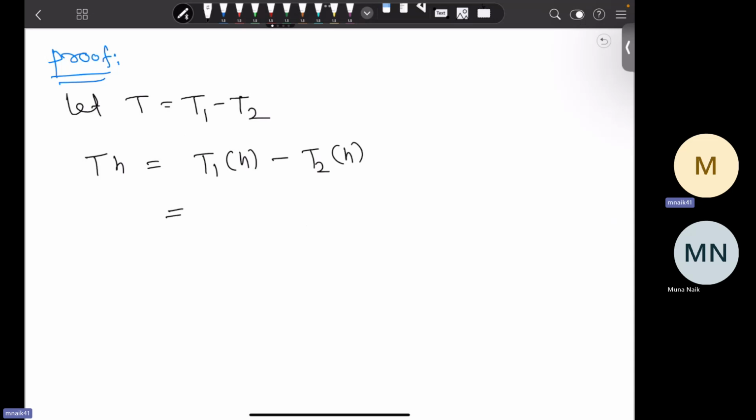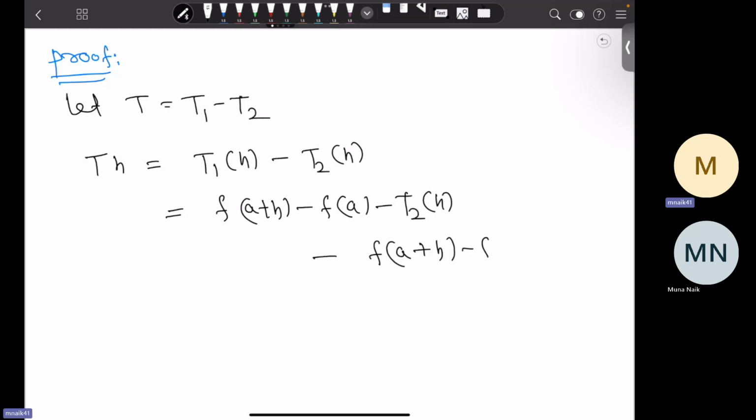I will add something and subtract something. This is f of a plus h minus f of a minus T2 of h, minus f of a plus h minus f of a minus T1 of h.